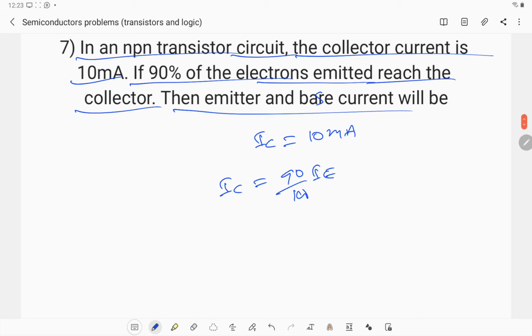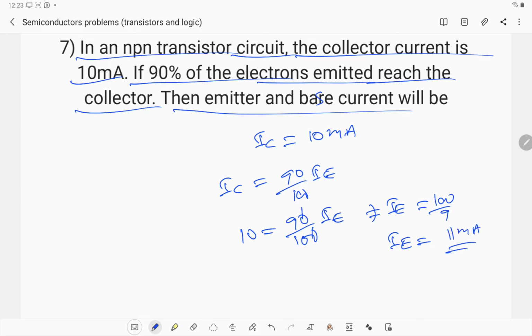Therefore, IC is given as 10 milliamperes, which equals 90 by 100 of IE. That implies IE is equal to 100 by 9, where the zeros cancel. Therefore, IE is approximately 11 milliamperes. This is IE, emitter current.